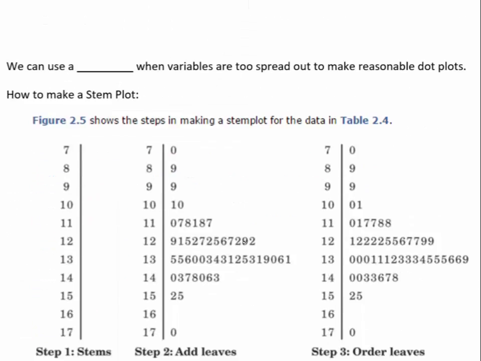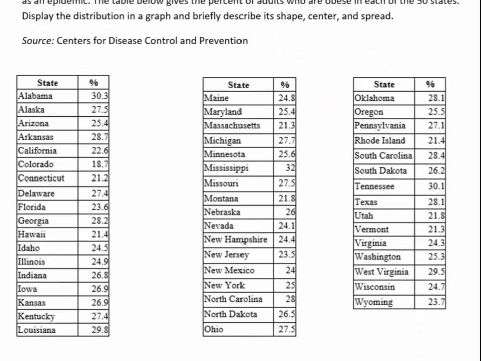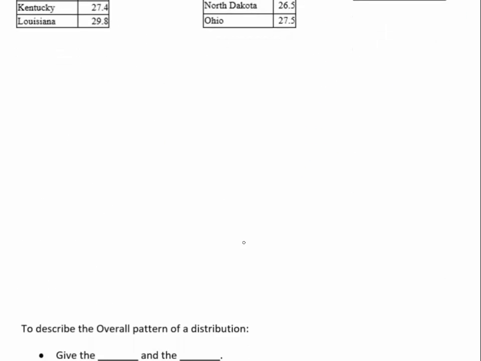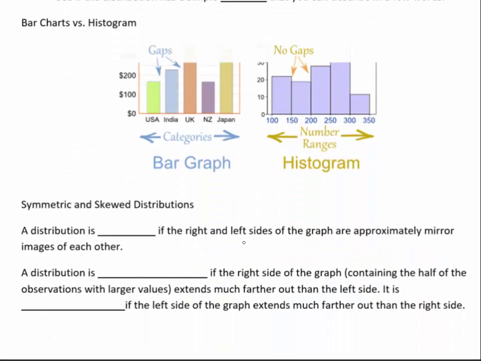The second type is called a stem plot. You might have heard it called a stem and leaf plot, but we're going to be organizing some data from that. And I think that is it. We're going to talk a little bit about histograms and things like that, and then distributions to finish us off with this set of notes.